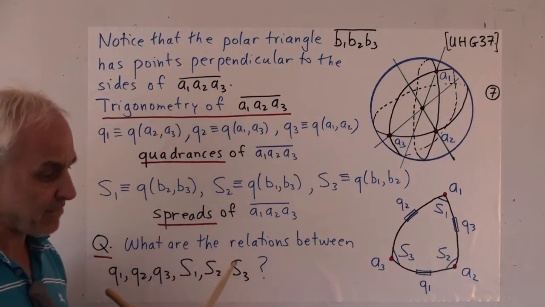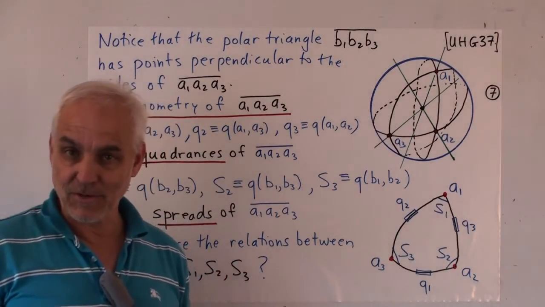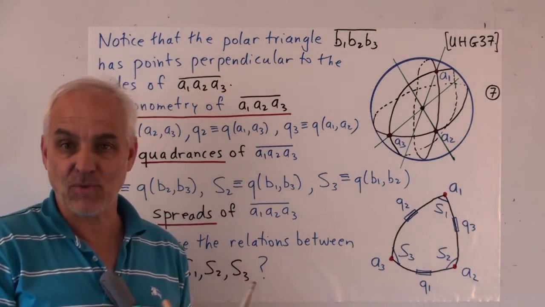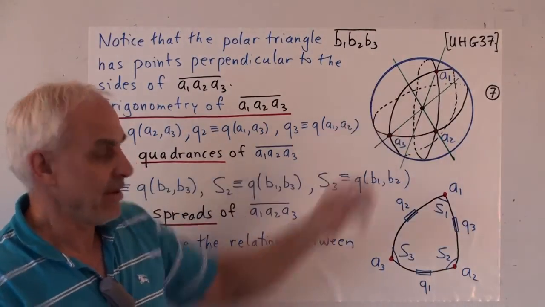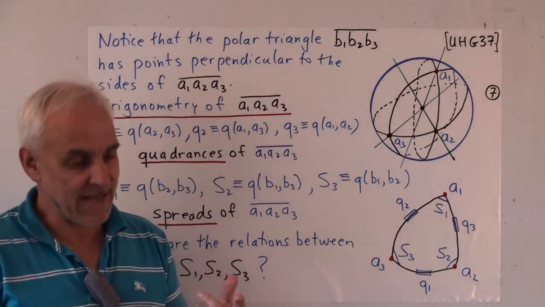So this is very analogous to what we did in the classical spherical trigonometry, where we defined the angle between two lines of a spherical triangle in terms of the angle formed by the normals. So we're doing exactly the same thing here.